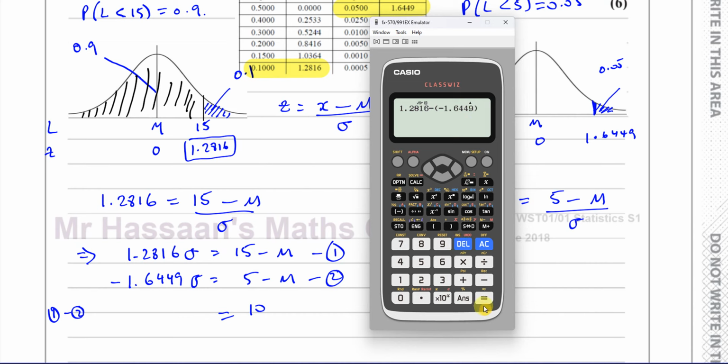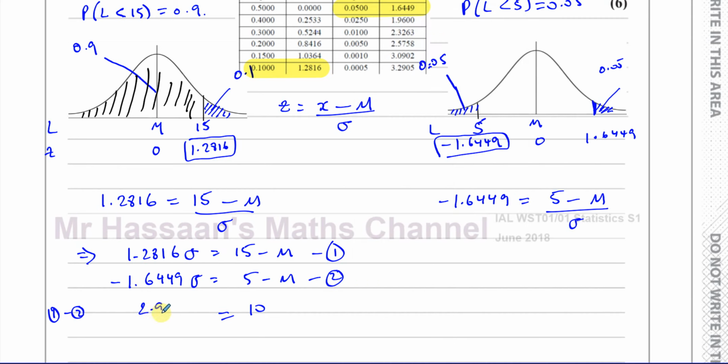Okay, so that gives us 2.9265. That's 2.9265 times sigma equals 10. Therefore, we can say that sigma, the standard deviation, is equal to 10 divided by 2.9265. We're going to do 10 divided by this answer.